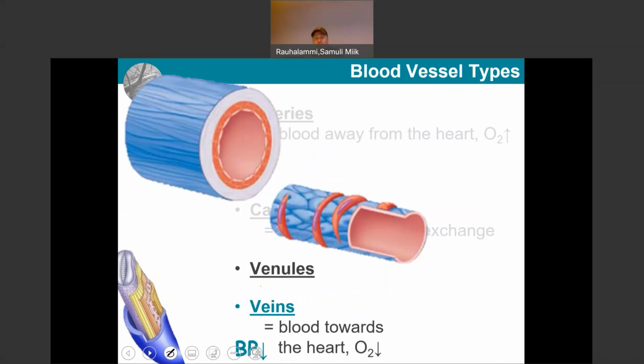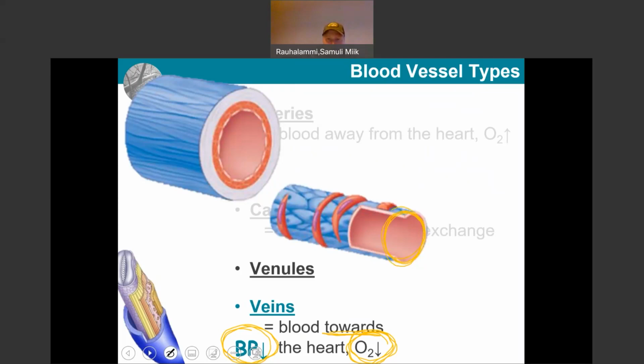So remember, veins were typically the blood that's heading towards the heart, typically low in oxygen concentration in the systemic circulation. And interestingly, what we end up finding is that we have a low blood pressure in veins as well. And we'll discuss that in just a second. Another thing that I want to discuss is that the wall of the veins is much thinner.